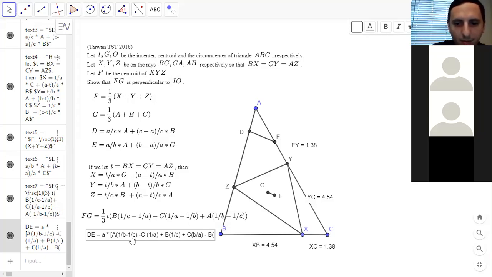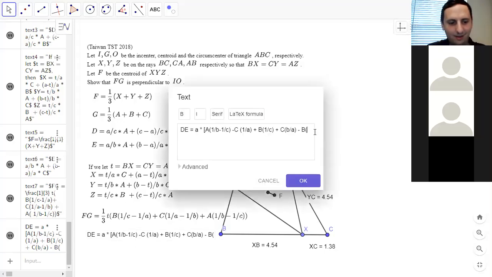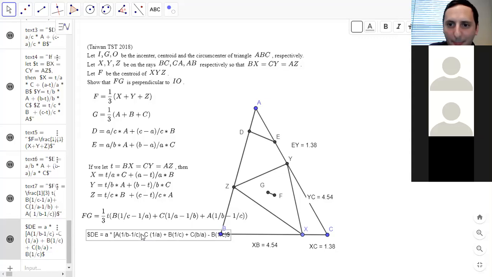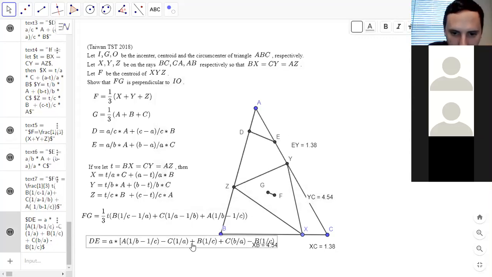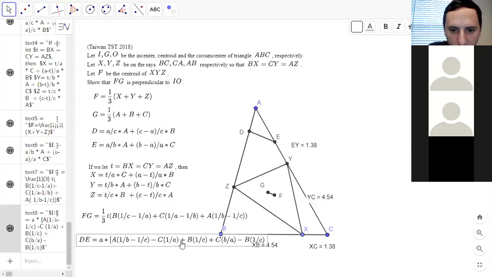Is it really that simple? Wait, sorry. But we are really close here.